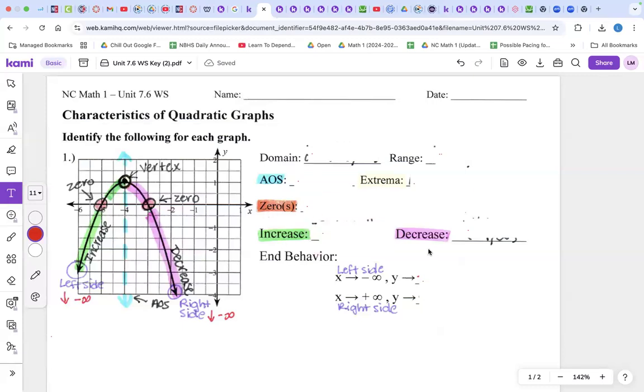We know this is our vertex, another word for extrema, and I put vertex on your sheet. We have zeros. We can see them, circle them and label them. You need to know those numbers. Remember, we read from left to right. This is going up, this is going down. And use your colored pencils.